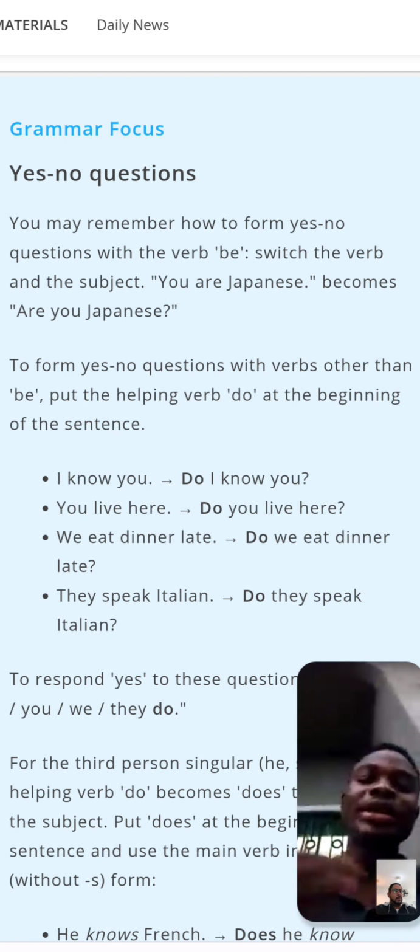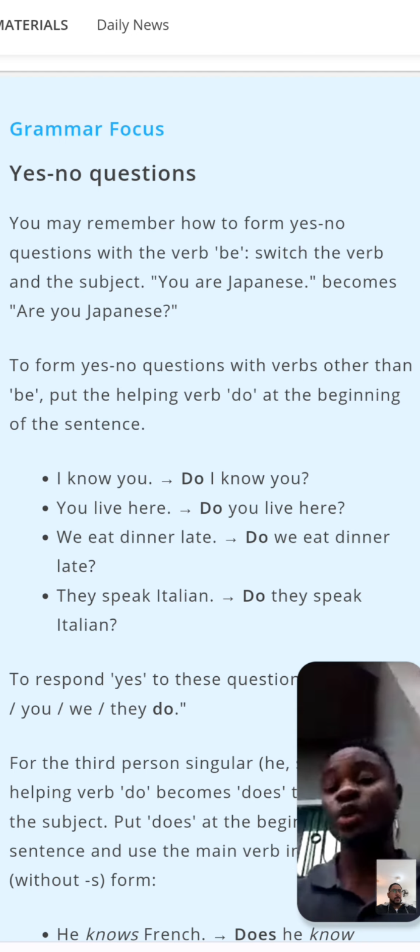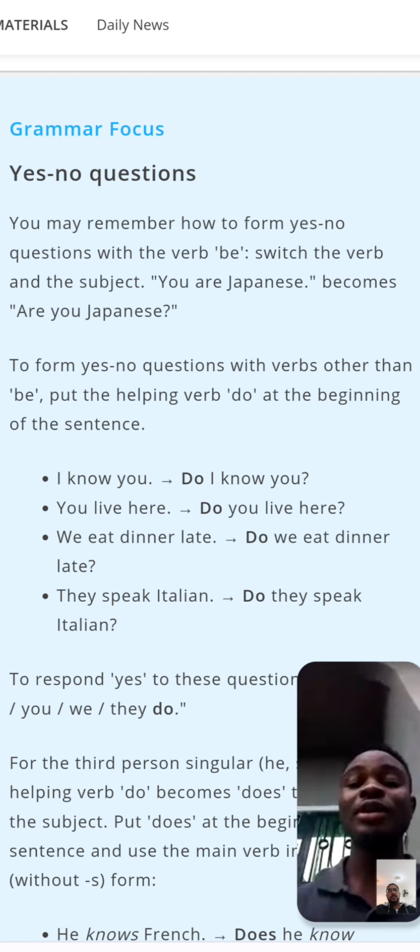Because in English we have three types of questions. There are those questions we call yes/no questions or close-ended questions.